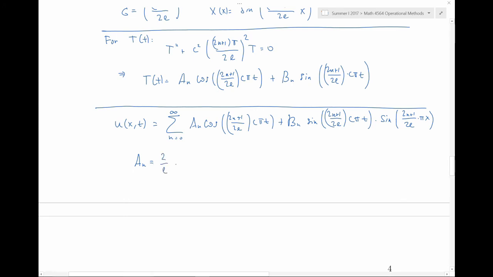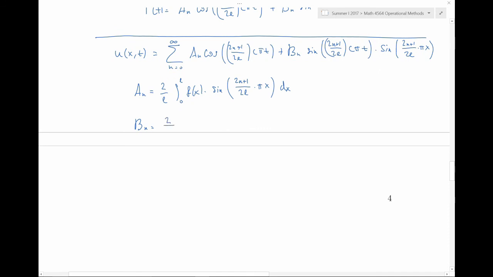So it's 2 over L, integral from 0 to L of f of x times sine of (2n plus 1) over 2L times pi x dx, and the coefficient b sub n is 2 over L multiplied by 2L over (2n plus 1) times c times pi, the integral from 0 to L of g of x times sine of (2n plus 1) over 2L times pi x dx.